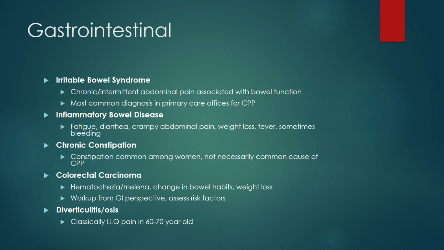I saw one study that showed this was the most common diagnosis for patients who present to their primary care physician with chronic pelvic pain. Along the same lines, consider inflammatory bowel disease. And then chronic constipation, very common in women, but not necessarily a common cause of chronic pelvic pain.